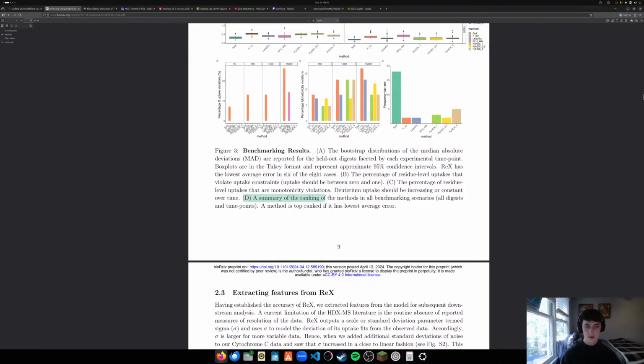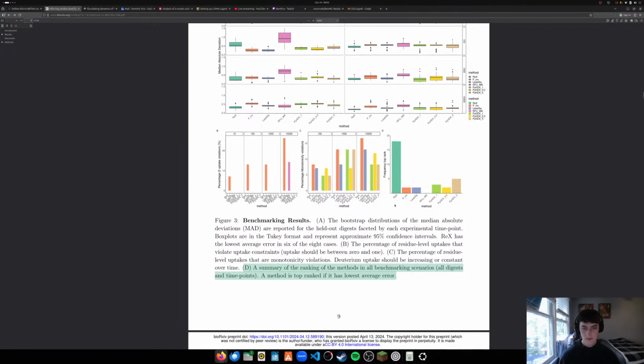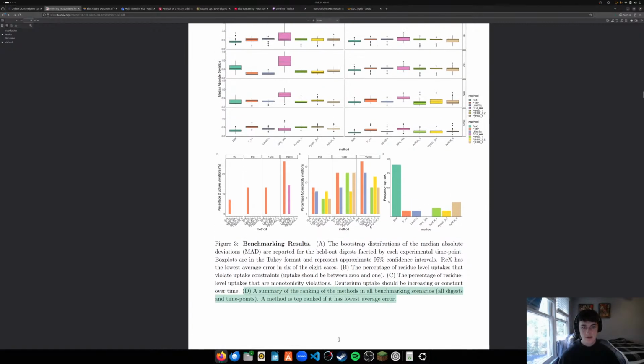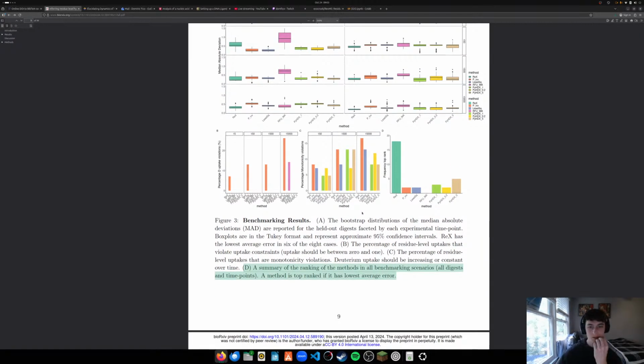A summary of ranking of the methods in all benchmark scenarios. That's kind of a mess. Maybe this is why it's not published yet. In all benchmarking scenarios, all digests and time points.